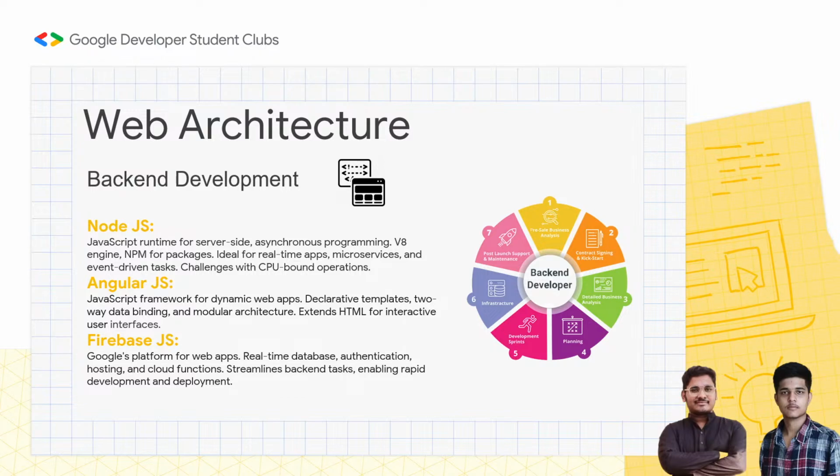You can do the authentication, all this in a very simple way. We'll get to know this in a better way in our upcoming sessions, where I will show how you can set up a Firebase configuration. Okay. So in the next slide, I'll talk about one more important topic, that is web security.